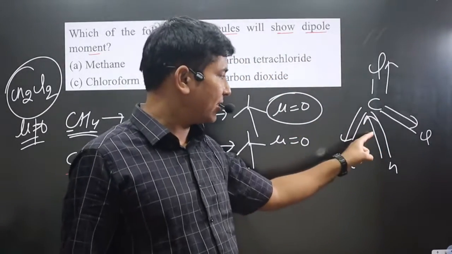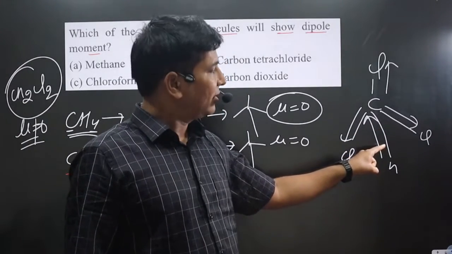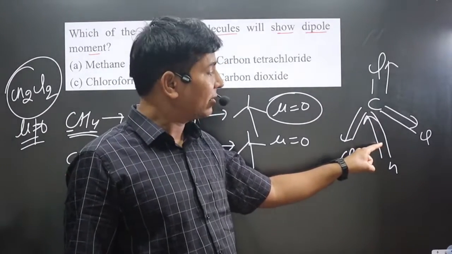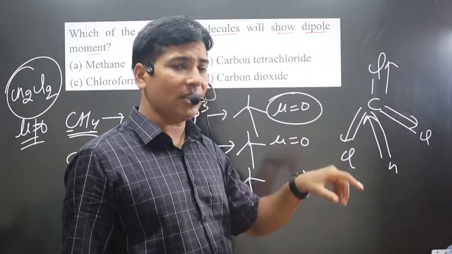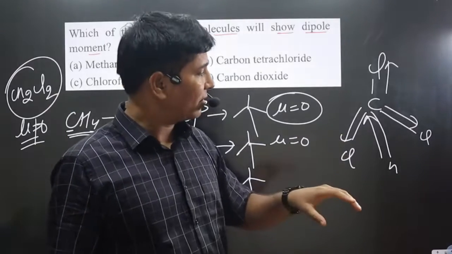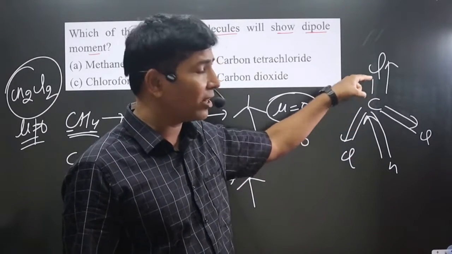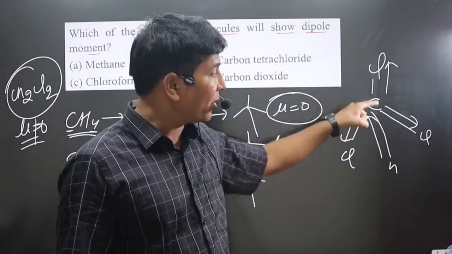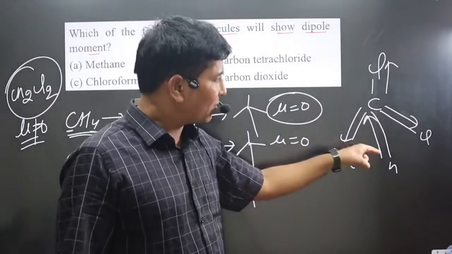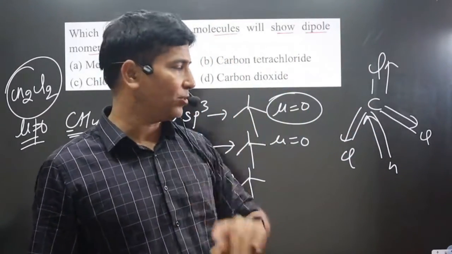The electronegativity difference between carbon and hydrogen is different from that between carbon and Cl. The bond length will also be different, so the dipole moment length will be different, but somewhat they are adding up. They are going in one direction, so the dipole moment is increasing.